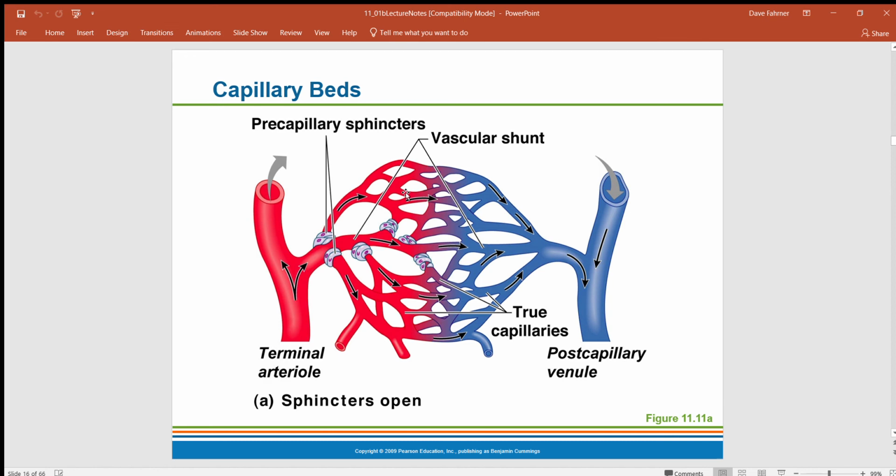One of the things that happens whenever a person starts gaining fat, an extra little tidbit here: for every pound of fat that you put onto your body, you generally have to put out an extra mile of blood vessels to supply that.